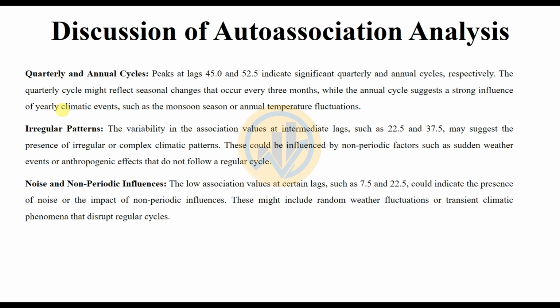Noise and non-periodic influence: the low association values at certain lags such as 7.5 and 22.5 may indicate the presence of noise or the impact of non-periodic influences. These may include random weather fluctuations or transient climatic phenomena that disturb regular cycles.